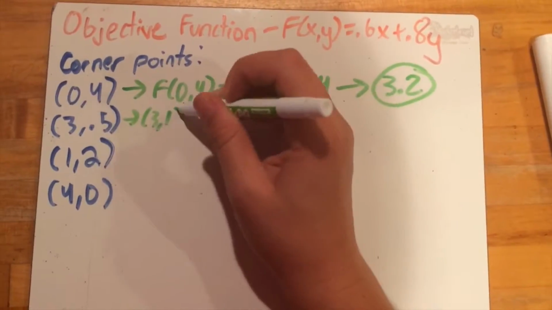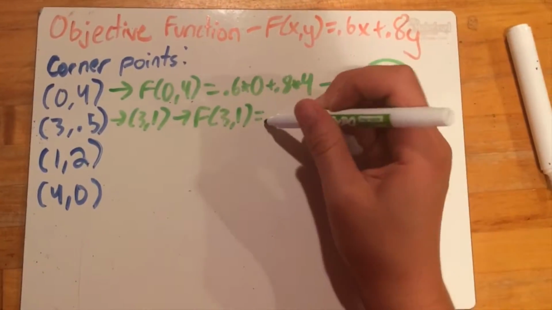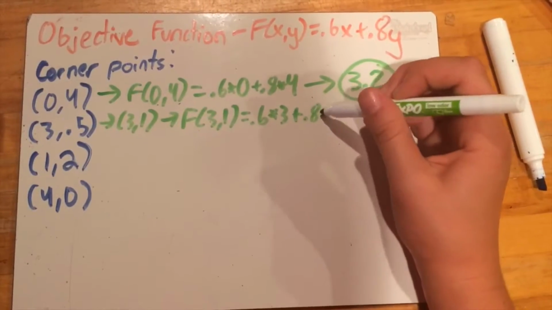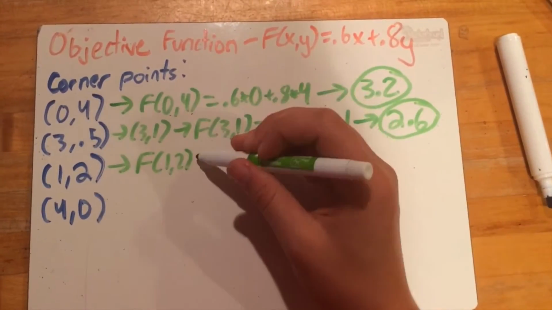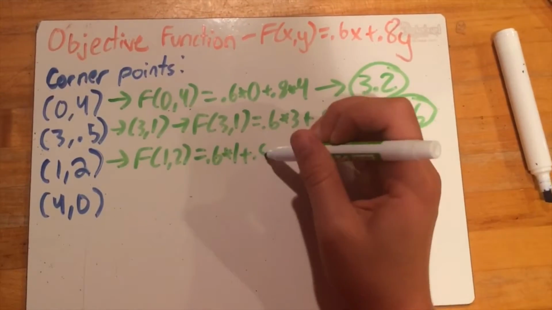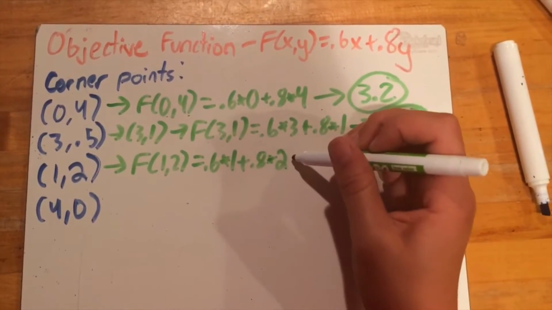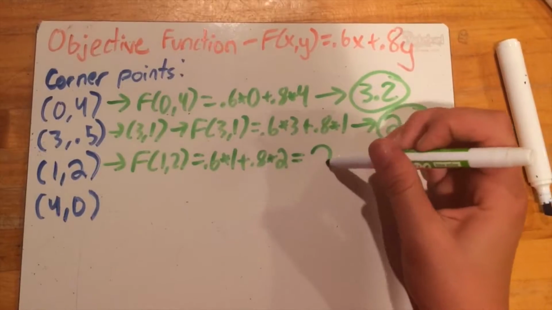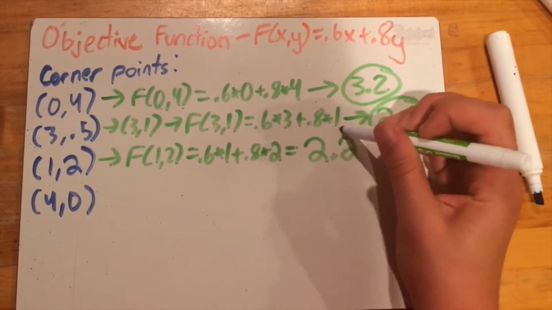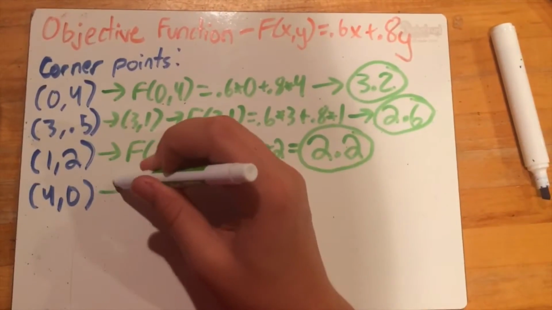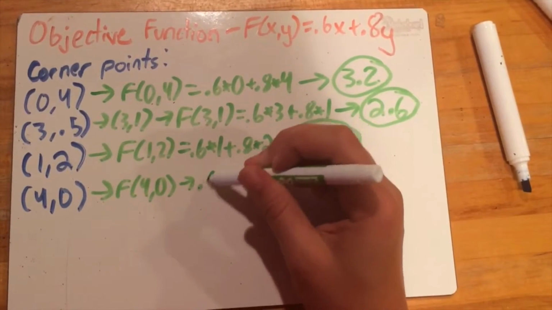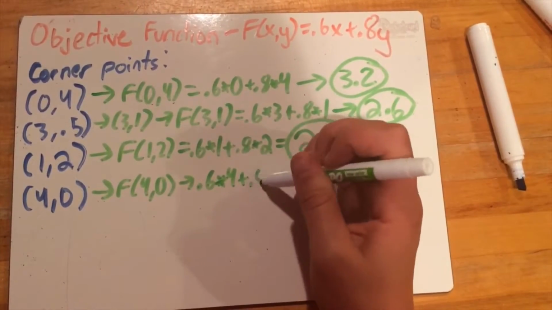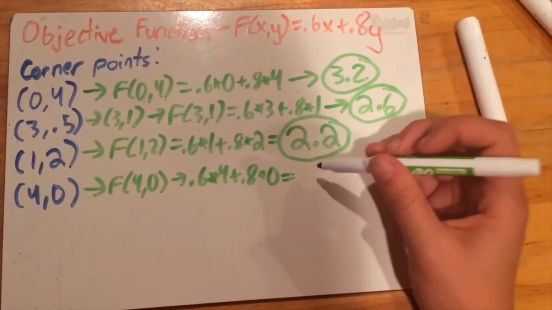Then we insert x and y into the equation, and it gives you an answer, and that is how much it costs each day. So you do the math out, and in this problem you'll find that the cheapest is the point 1, 2. Therefore, Miss Everdeen should take 1 pill of brand X and 2 pills of brand Y.